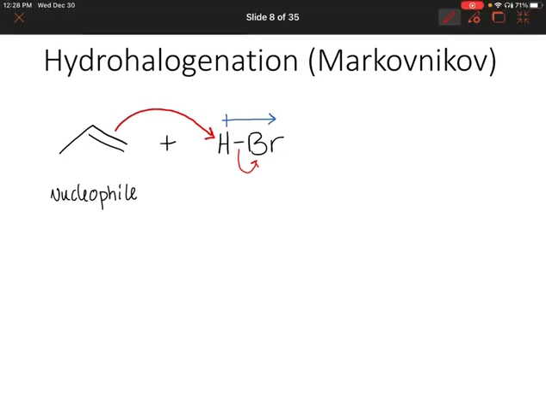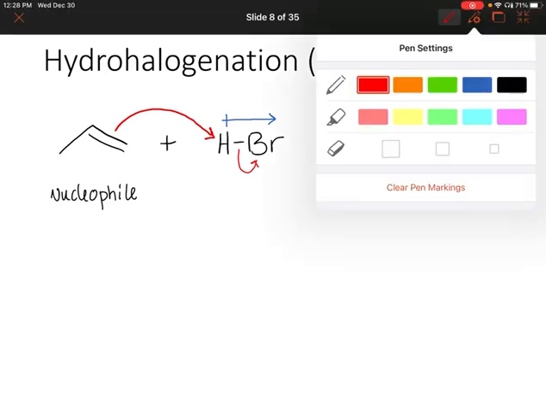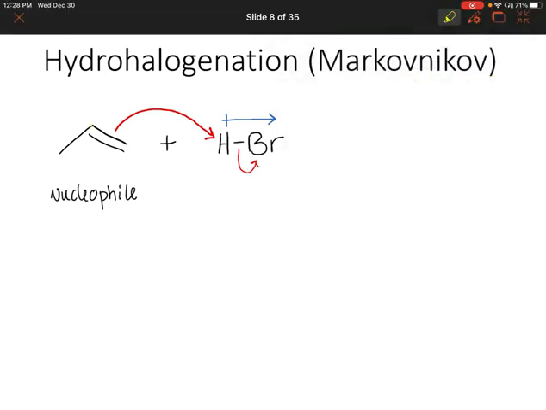Okay, now there are two possible locations that the hydrogen could add to. It could add to the middle carbon there, or the carbon on the end. So one of those two vinylic positions. So let's draw those possibilities. Let's say the hydrogen adds to the center carbon.